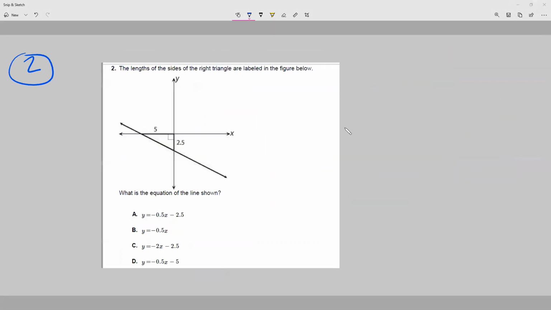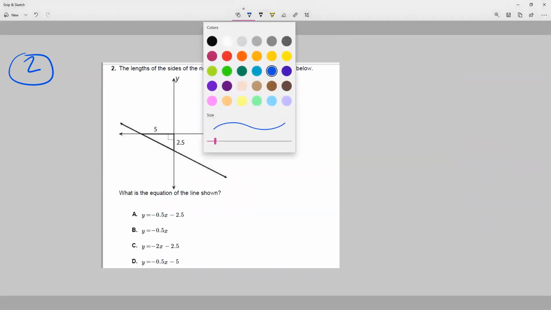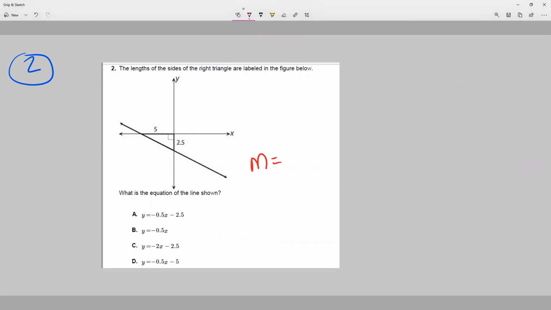All right, problem 2, very similar. If you're trying to write the equation of this, you're doing the exact same thing. So m and b. And if I look at my y-axis, it says this little triangle piece here is going down 2.5. So that must mean this point here is 2.5. So my y-intercept is 2.5.